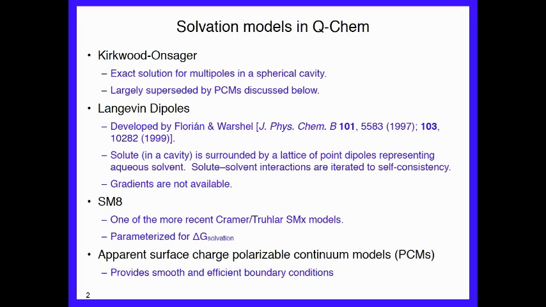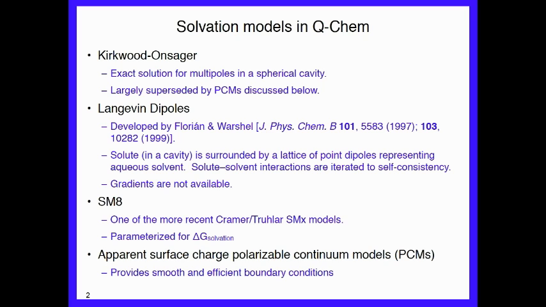So back in the 30s, Born solves Poisson's equation analytically for a point charge centered in a spherical cavity, and then Onsager comes along after that and solves Poisson's equation exactly for a point dipole centered in a spherical cavity, and then Kirkwood comes along subsequently still and shows that one can compute the exact solution of Poisson's equation, in other words, the reaction field electrostatic solvation energy of an arbitrary multipole centered in a spherical cavity inside of a medium of dielectric constant epsilon.